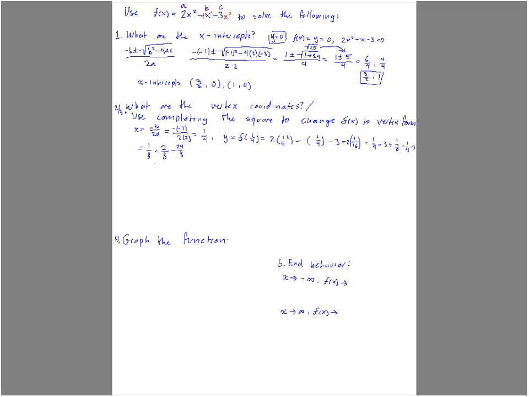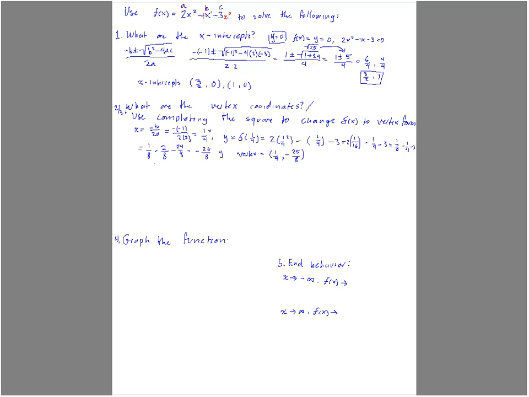So 1 minus 2 is -1, minus 24 is -25. So you have -25/8. And that is our y value. So this is y, this is x, and so our vertex is 1/4 and -25/8.